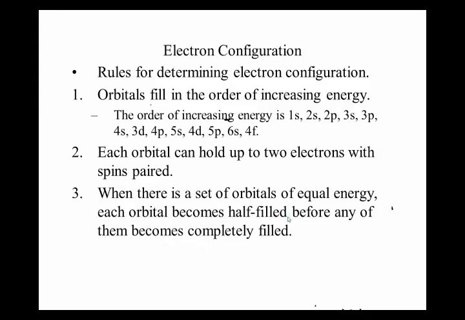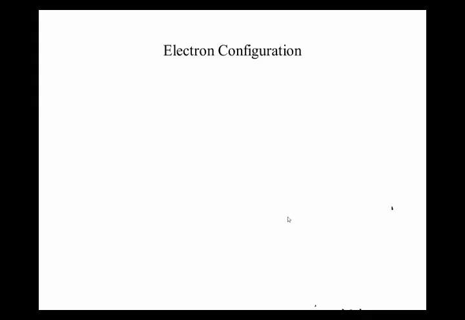So this weird order. What's actually happening here, the reason for this is you have 1s. Then you have the second shell, 2s. Actually, maybe a better way I can say it is, imagine that here is the difference in the energies of the orbitals. So 1s is here.